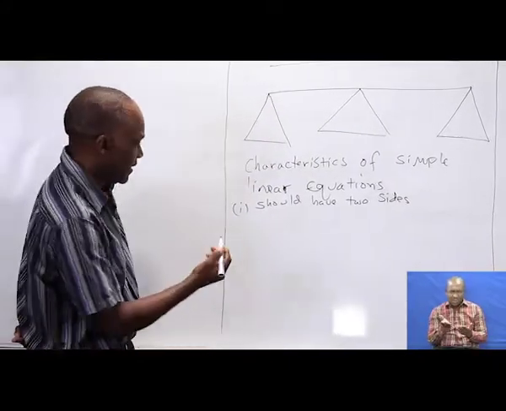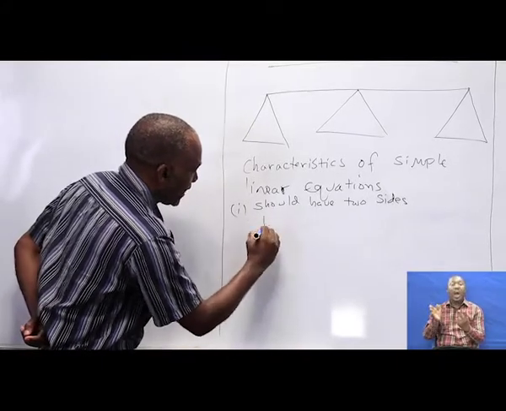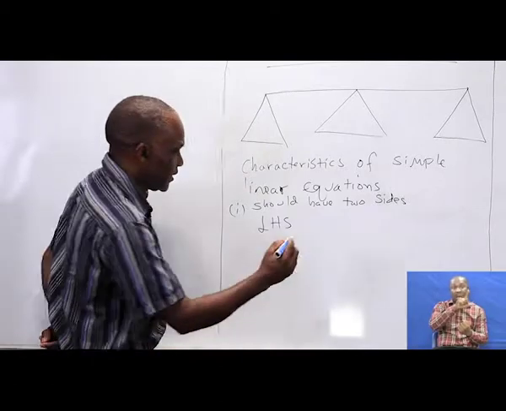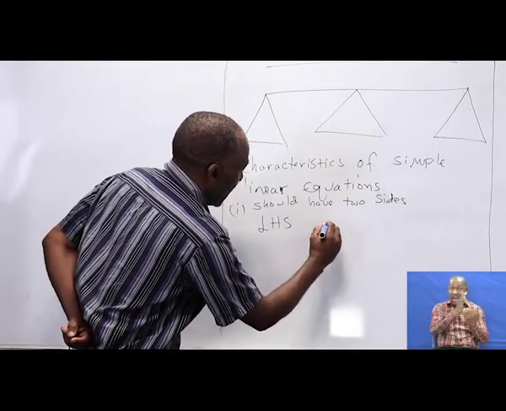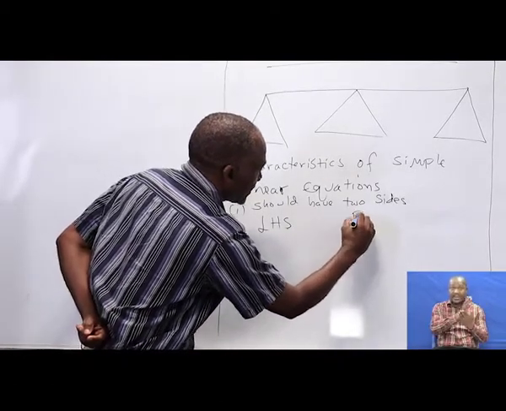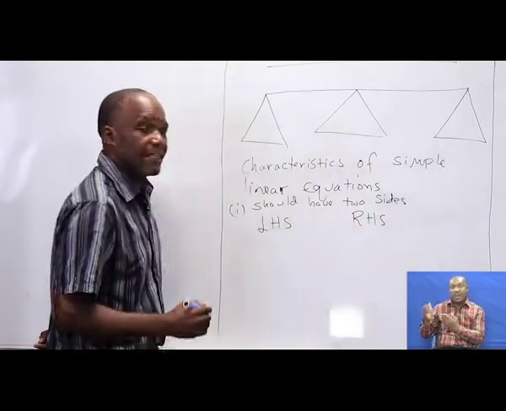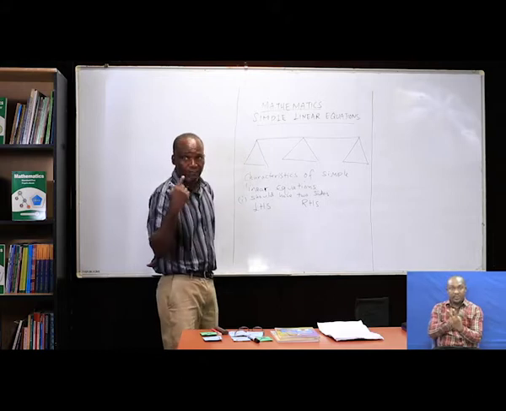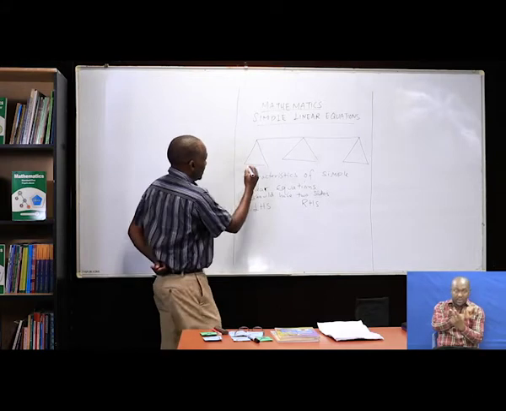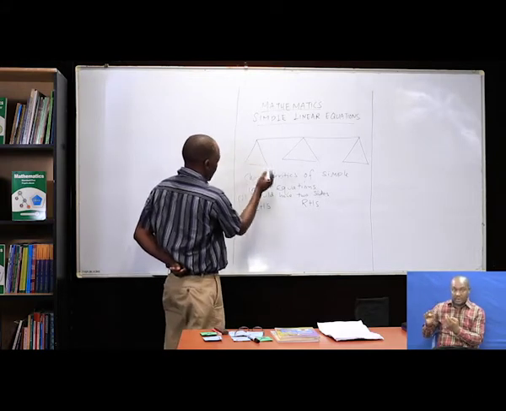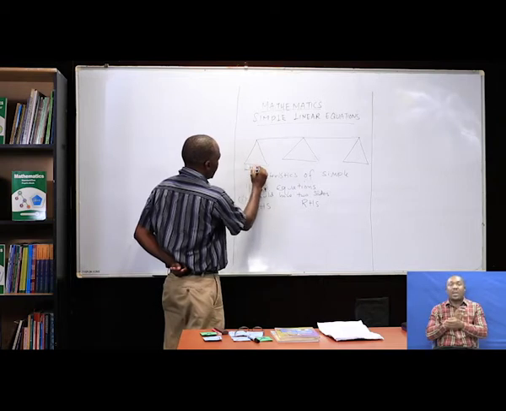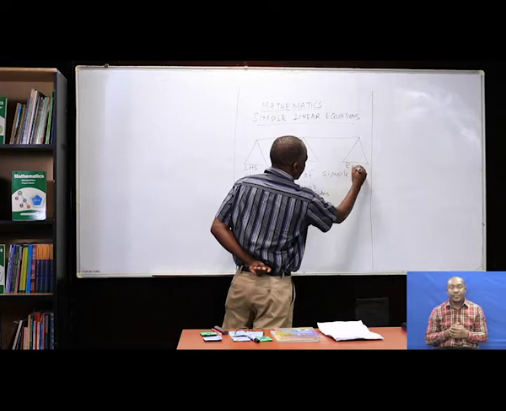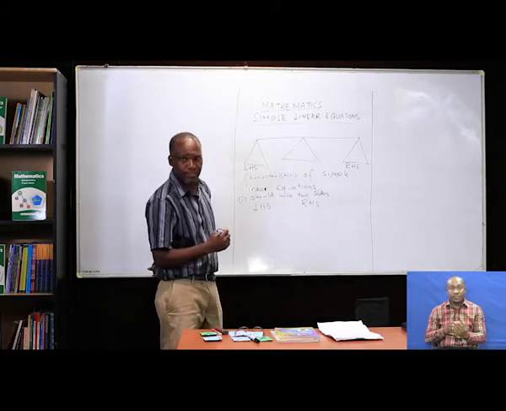One is the left-hand side, and the other is the right-hand side. So these are the sides of our equation. This is the first characteristic. This is known as the left-hand side, and this one is the right-hand side. It's just like a balance.